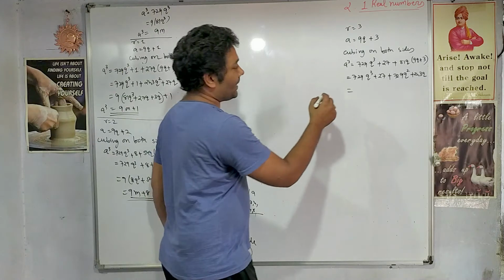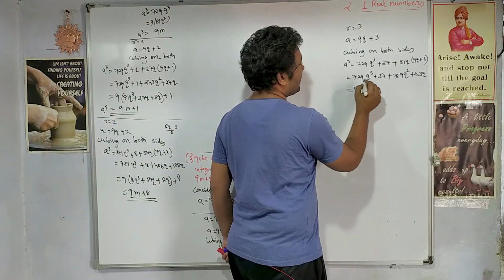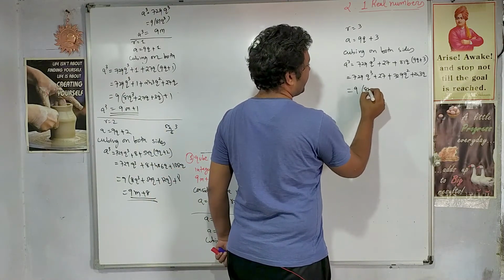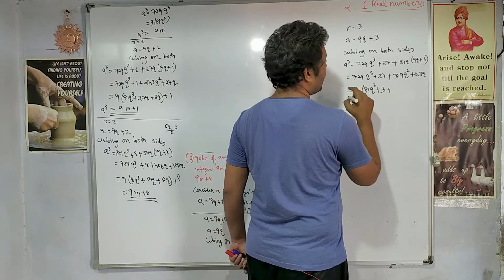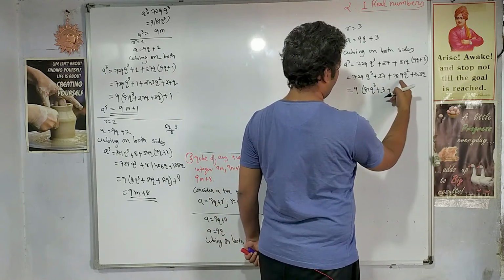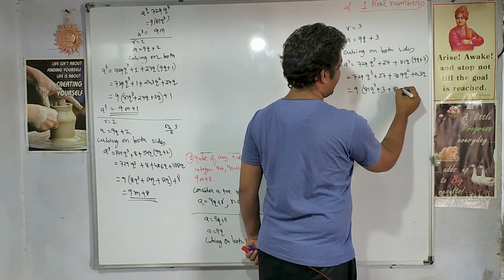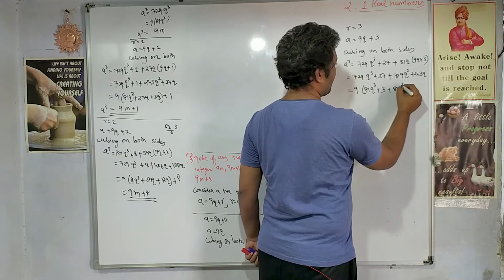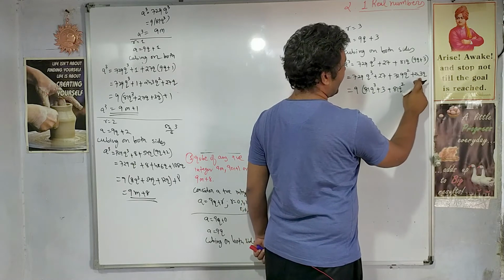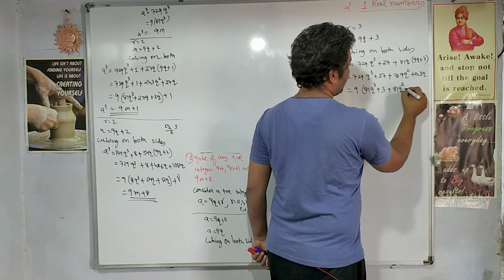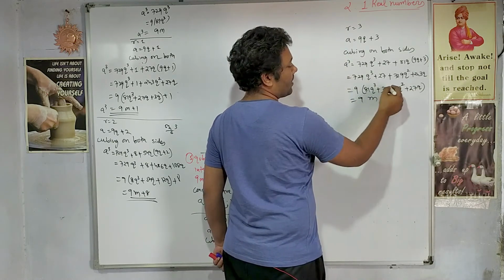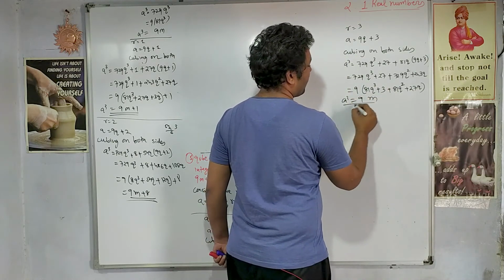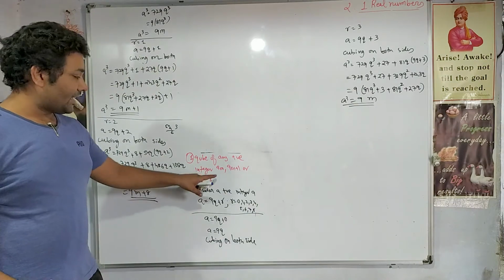So if I take out 9 common, what will remain here? 81 q cube, 3, here if I take 9 common, it will remain 81 q square. Here if I take 9 common, 27 q, correct? So this is again some number m, so again I got this form 9m.